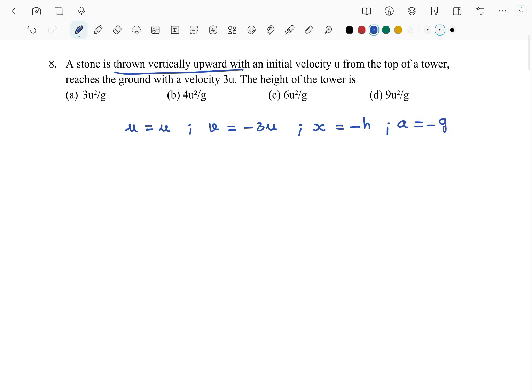Now we need to find the height. So let's take the equation v square is equal to u square plus 2 into a into x. V is minus 3u, the whole square, should be equal to u square plus 2 into minus g into minus h.